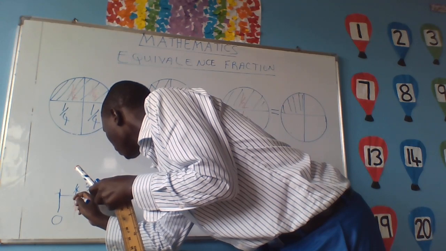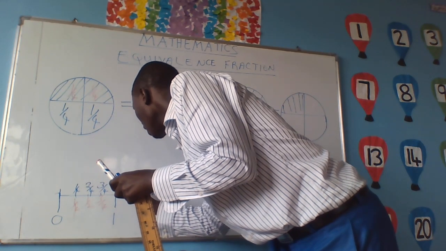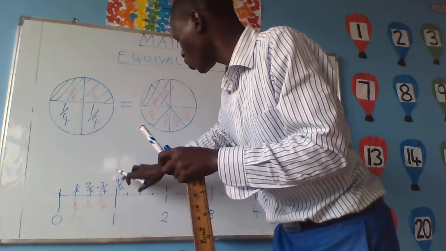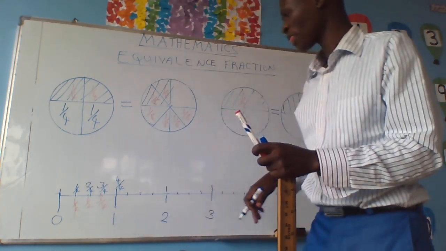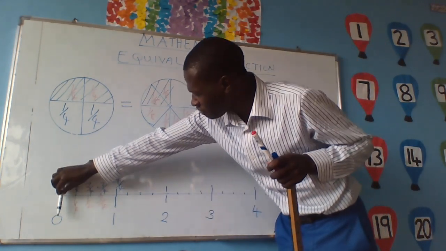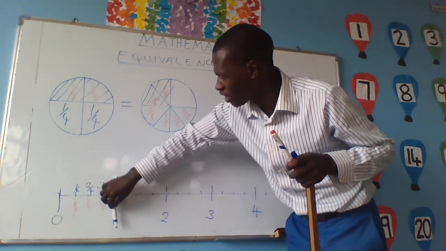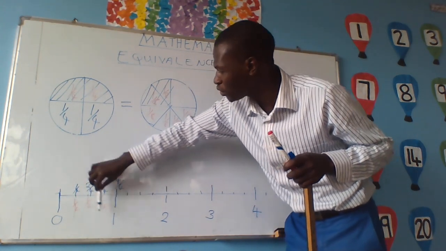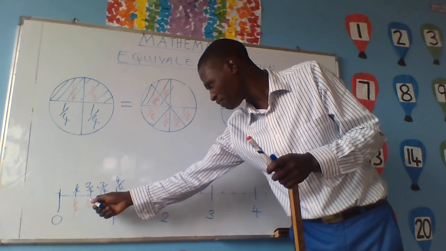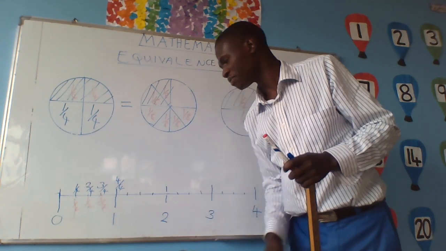Then 1 out of 4, 3 out of 4, and 4 out of 4, which is equal to 1, as you can see there. So we have divided this 1 into 4 parts, giving a half, a quarter, and 3/4.